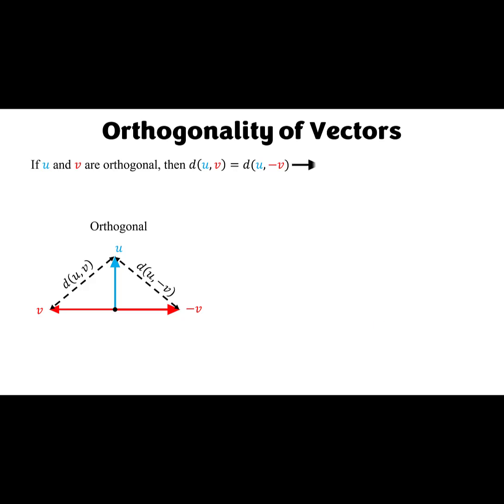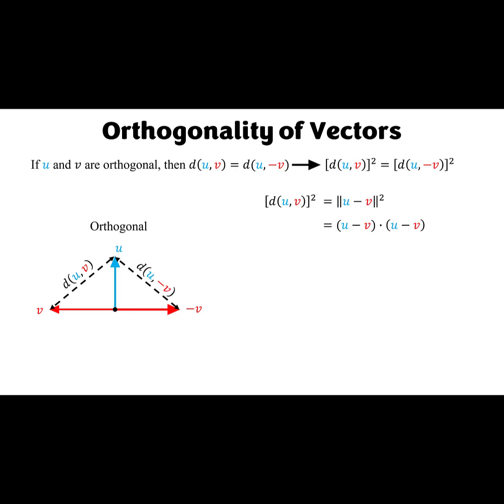So, if those two distances are the same, then their distances squared are also the same. And now we can just write down what it means to be the squared distance between u and v. Remember, the distance between u and v is the length of u minus v, but now we're squaring it. And how do we calculate the length of something? We take the square root of the thing dotted with itself, but we don't need to write the square root because we're squaring it, so the square root and square cancel.